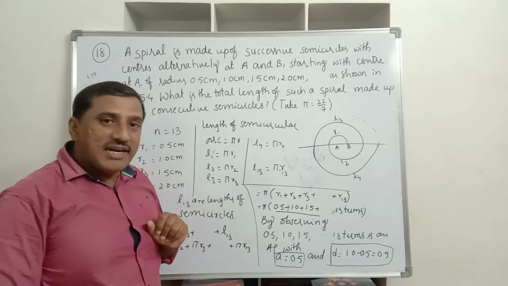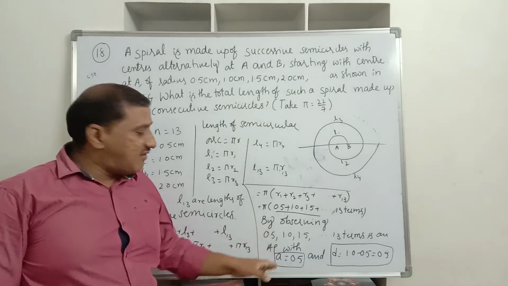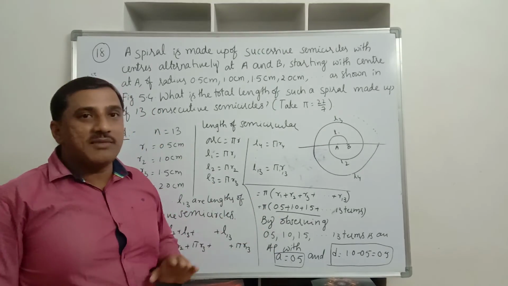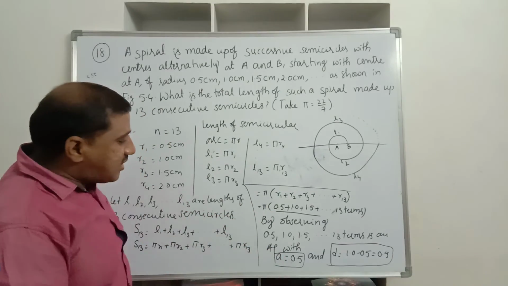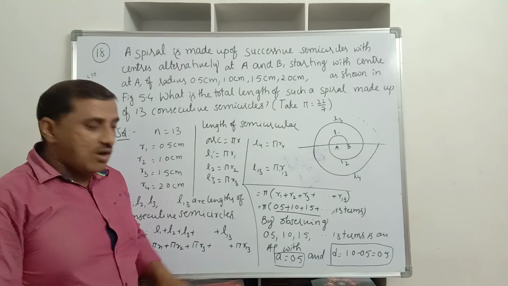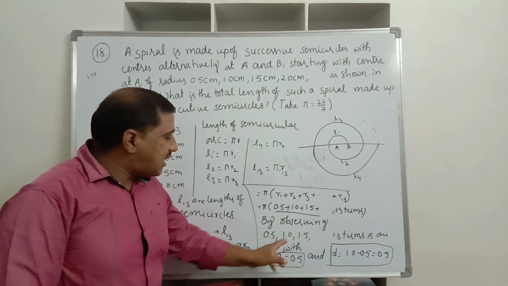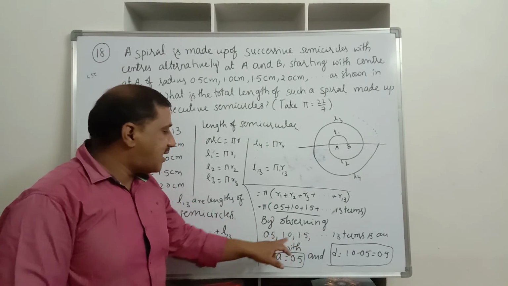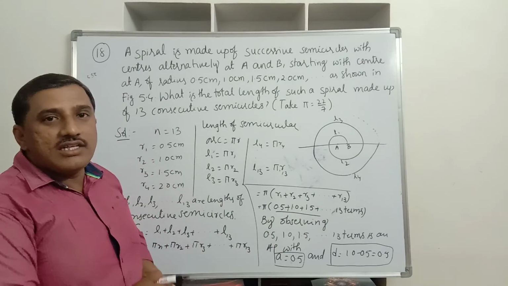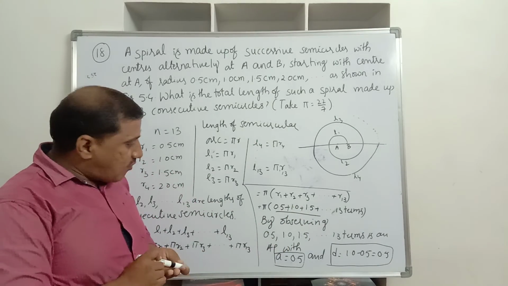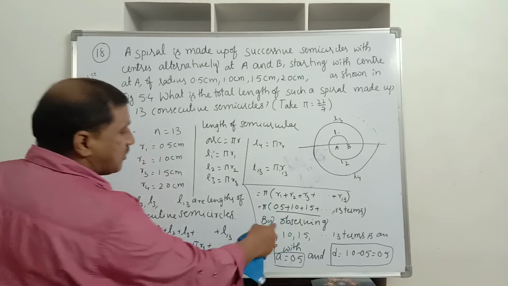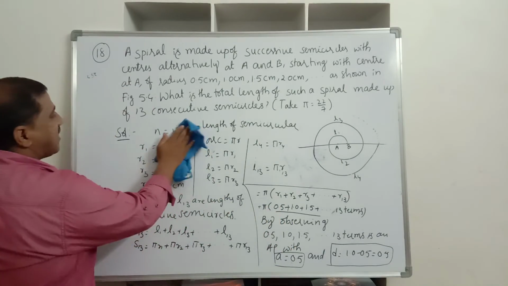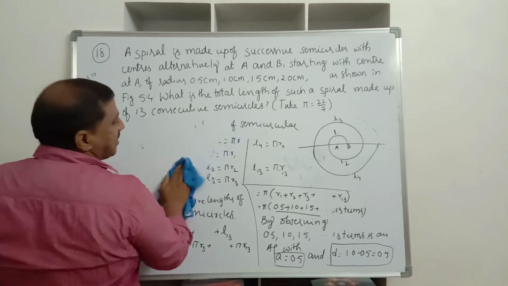Observe these numbers: it is in an arithmetic progression, with 0.5 as the common difference, where a is 0.5 and d is the second term minus the first term, 1.0 minus 0.5, which is 0.5. So now we should apply the sum of n terms of the arithmetic progression to find the sum of the radii of the 13 semicircles.